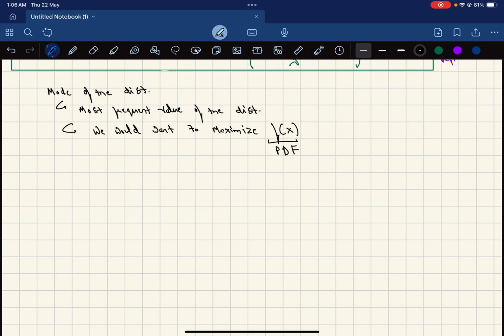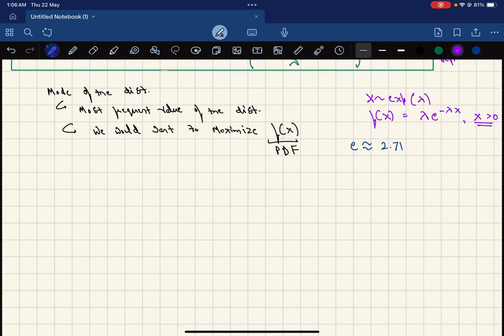To maximize the probability, we would want to maximize the PDF of the distribution. Now for exponential distribution, let us say we have an exponential distribution here with parameter lambda. We already know the PDF is given as lambda e to the power minus lambda x for x greater than 0. We also know e is approximately equal to 2.71.